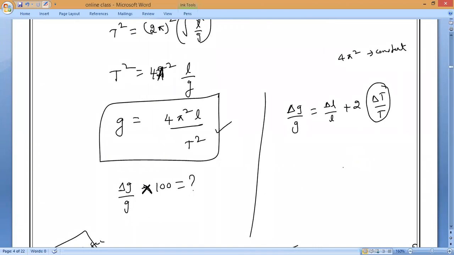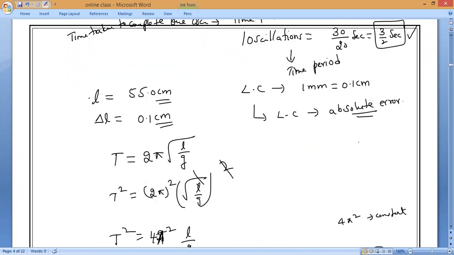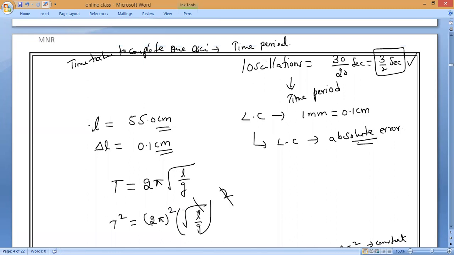That's all. So delta g divided by g equals delta L divided by L plus 2 into delta small t divided by t. Any doubt anybody can ask? Is it okay? Yes, sir.